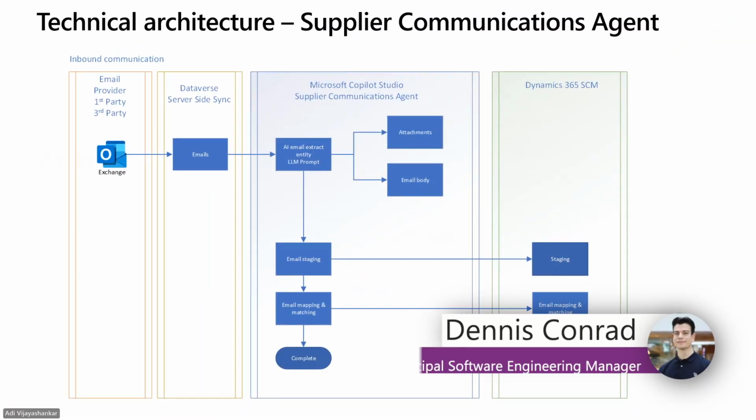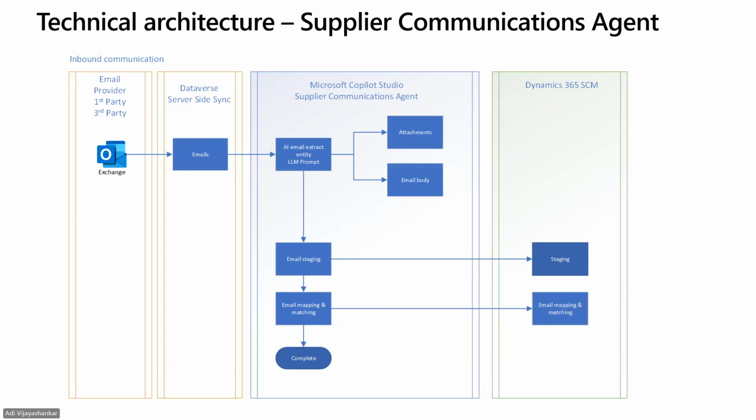So what Beatriz has just demonstrated here, and Adi, is that there are 2 agentic flows behind the scenes. That is what you would see if you go to Microsoft Copilot Studio. You would see the first one here, which we call the inbound communication agent. This agent supports the reading of emails.